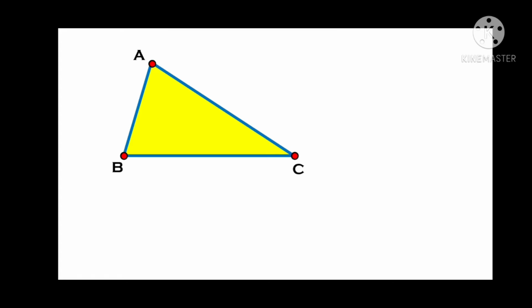Now let's consider this triangle ABC and draw a perpendicular from A to BC which meets at point D. Similarly, let's take a perpendicular from B and let it meet AC at the point E. Similarly, from C, let us draw a perpendicular and let it meet at point F on AB.